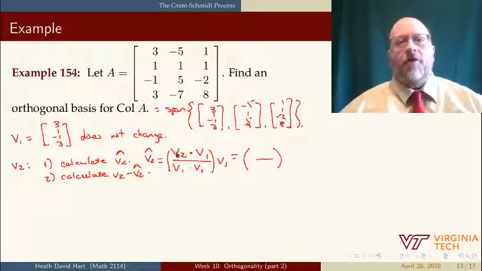Let's calculate this fraction. v2 dot v1 is -5 times 3 is -15, plus 1 is -14, minus 5 is -19, -19 minus 21 is -40. v1 dot with itself is 9 plus 1 is 10, plus 1 is 11, plus 9 is 20.